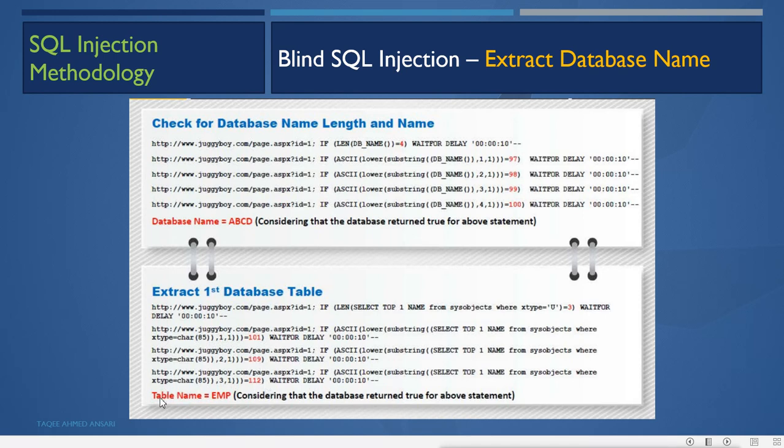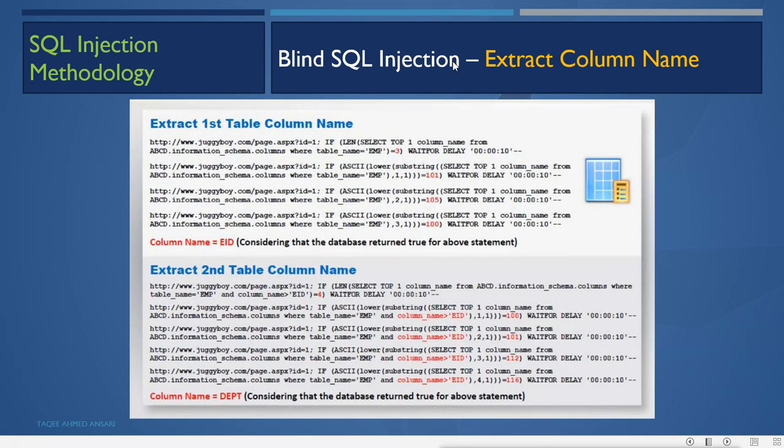Now the table name is EMP. So considering that the database returned true for the above statements, if EMP is there, for example E here, M, P, EMP, it will return true here. So by running these queries, it will try to guess the name of the database.